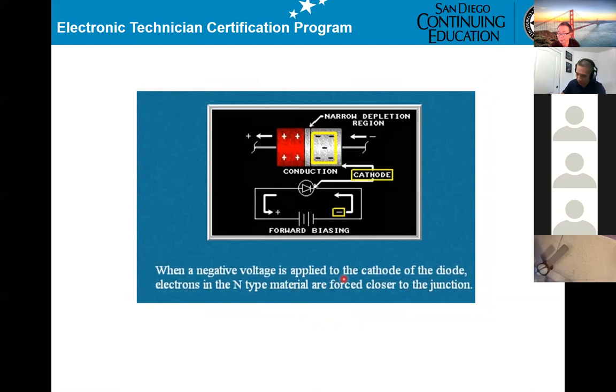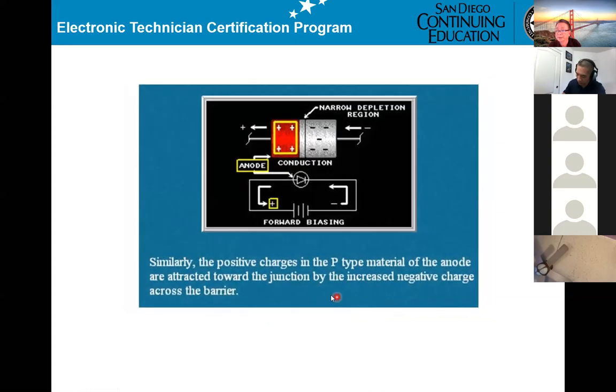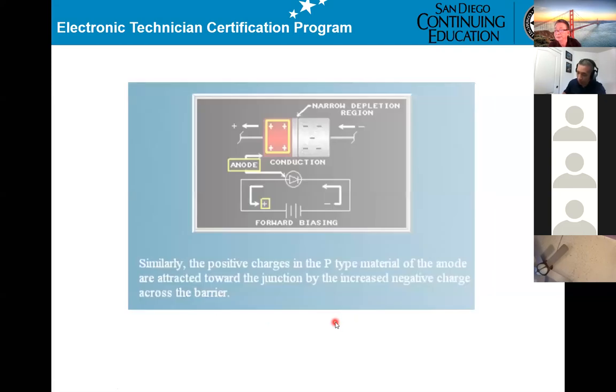When a negative voltage is applied to the cathode of the diode, electrons in n-type material are forced closer to the junction. Similarly, positive charge in the p-type of the anode is attracted toward the junction by increased negative charge across the barrier.